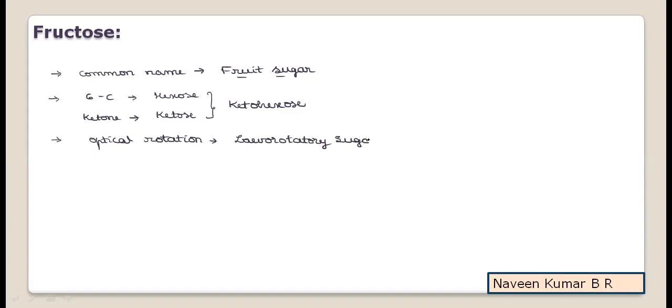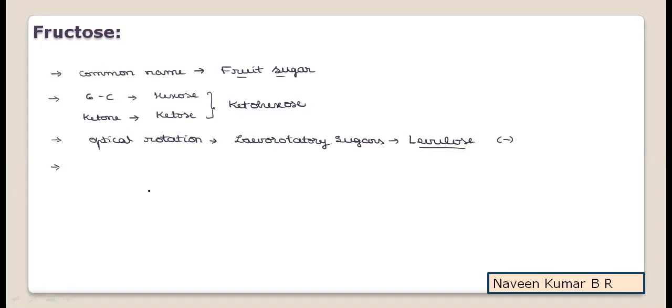Levorotatory sugars are named as levulose. Dextrorotatory sugars are named as dextroses. With respect to sign convention, it is given as minus to indicate levorotation.